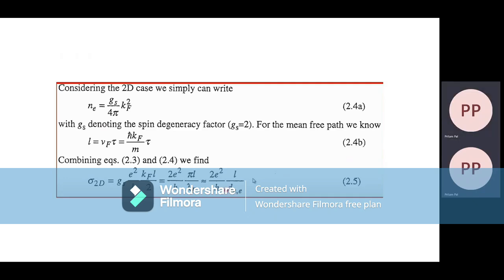And this is very nice, because this formula contains this very important quantity, the conductance quantum. It shows that this quantity will play an important role if this ratio is getting anywhere close to one, or maybe one or more. So, a very ballistic regime.